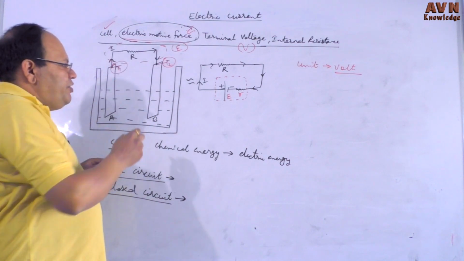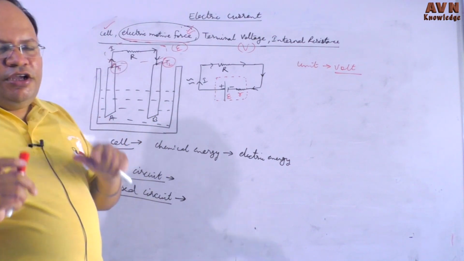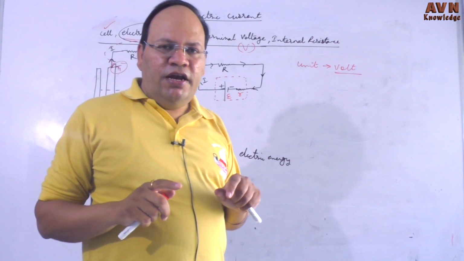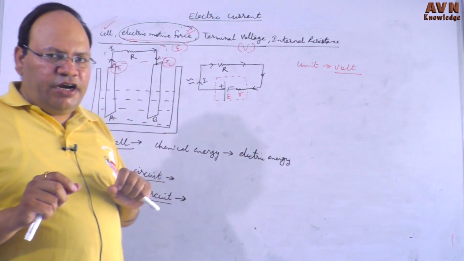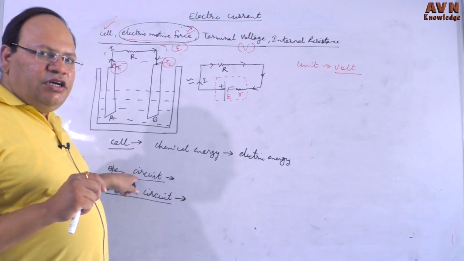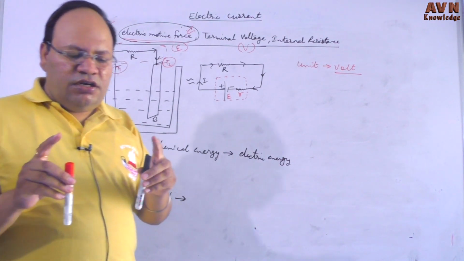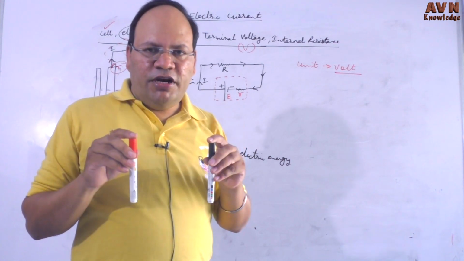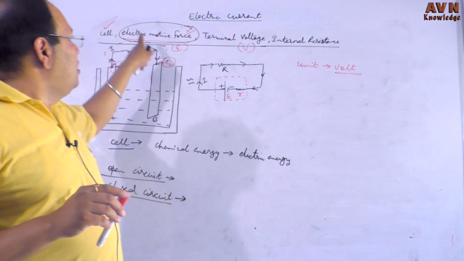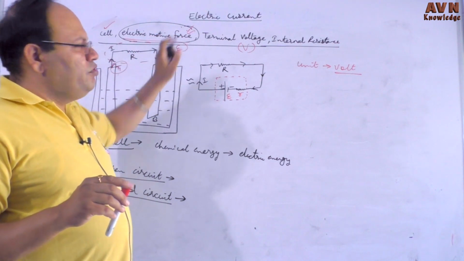The potential difference between T1 and T2 when the external resistance is not connected, that is the open circuit. In this condition, the potential difference between the two terminals is called the electric motive force.